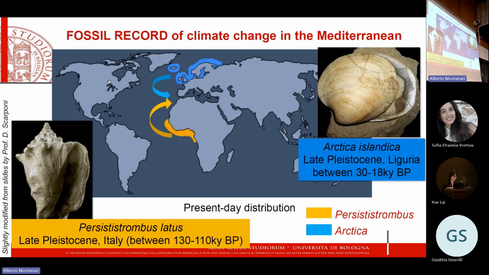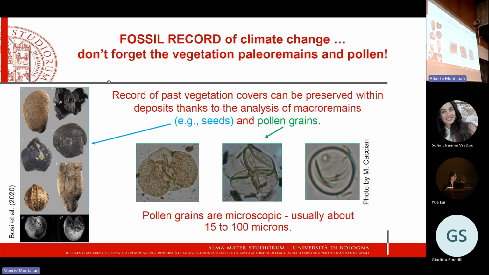There is other information that we can look for. For instance, the record of past vegetation, the pollens or seeds. Pollen grains are microscopic, usually about 15 to 100 microns. And I'm not sure microns is a correct pronunciation, maybe micron.